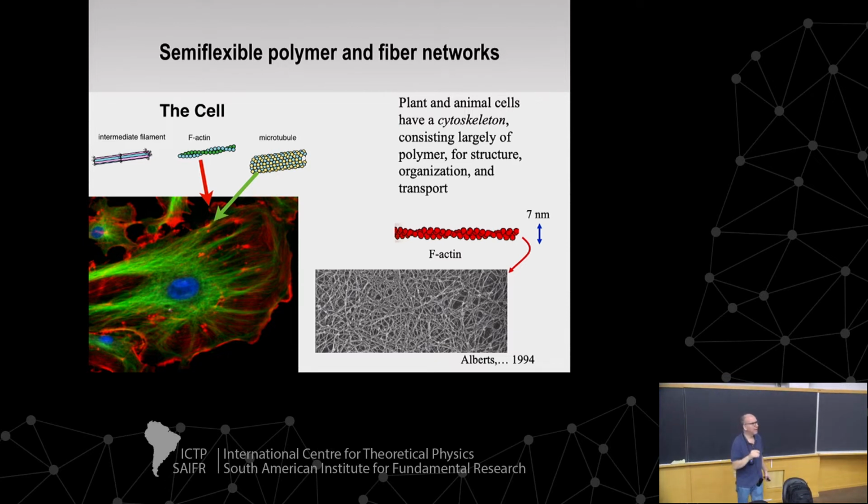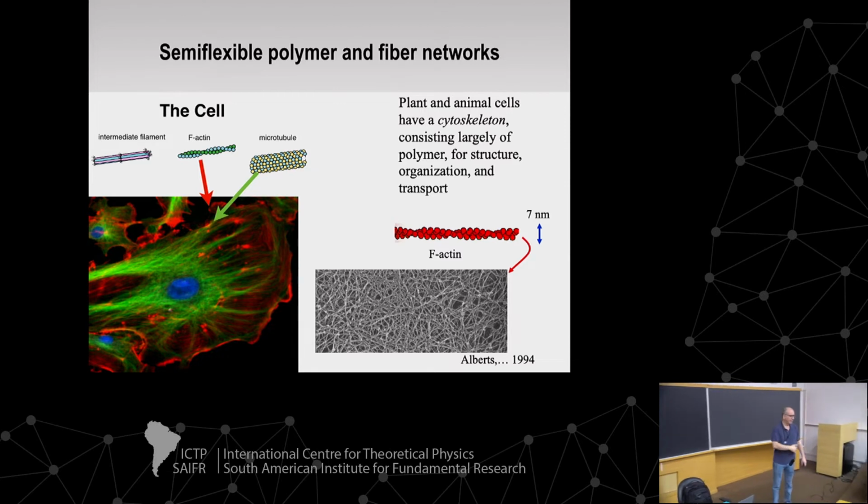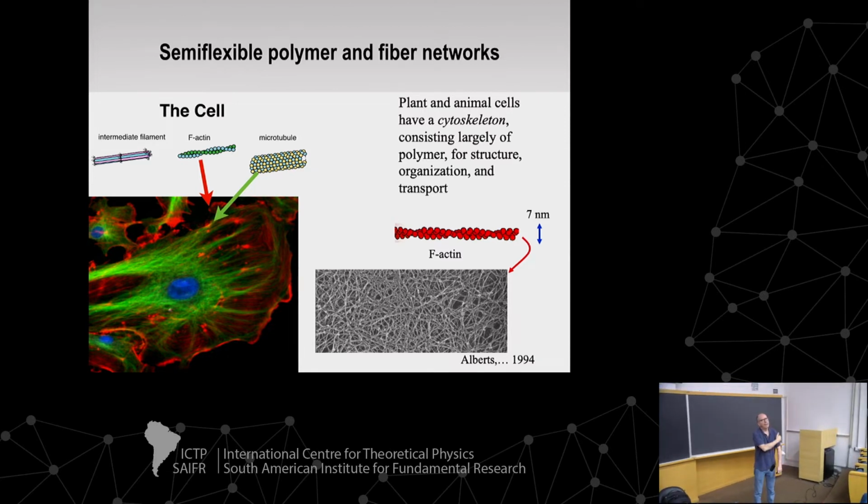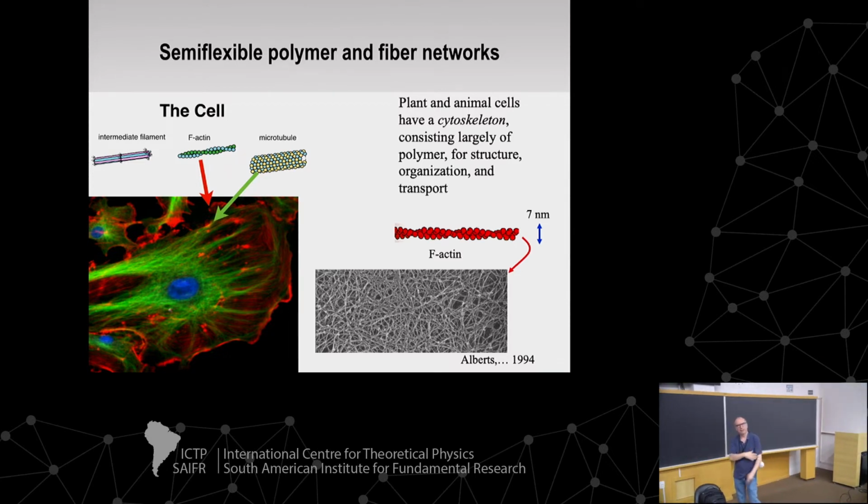In muscle, by the way, I should point out, actin is essentially the same biopolymer that forms ordered arrays in our skeletal muscle, and in coordination with a molecular motor known as myosin gives us muscle contraction, okay? But even non-muscle cells have sort of disordered arrays of actin typically.